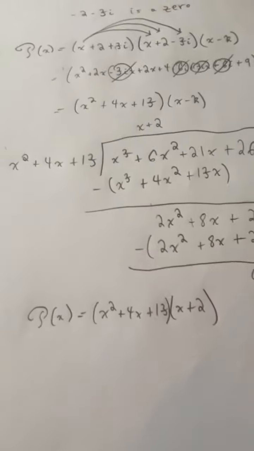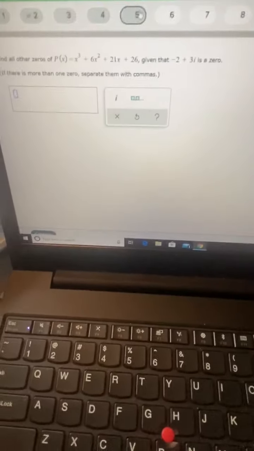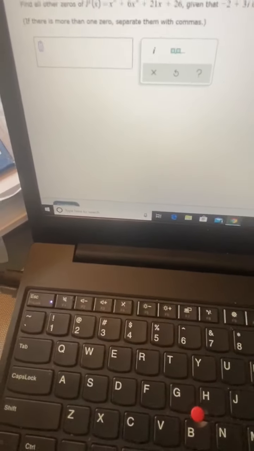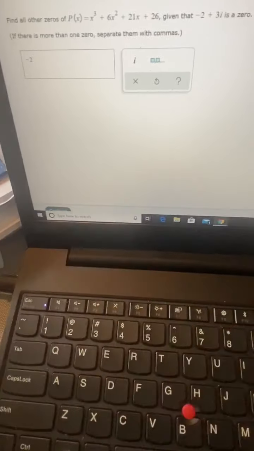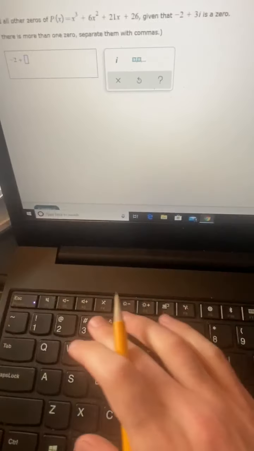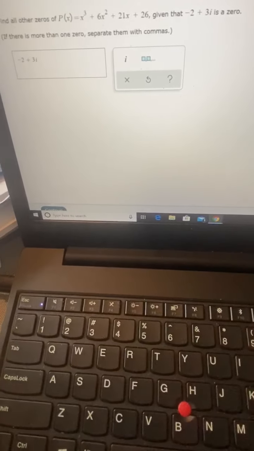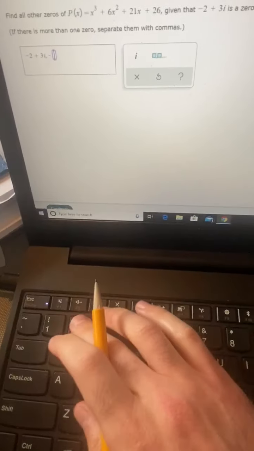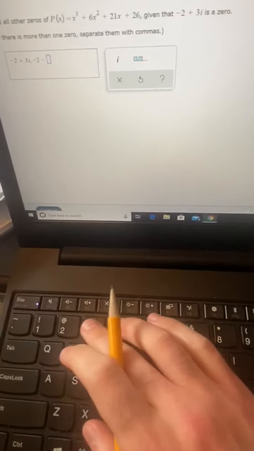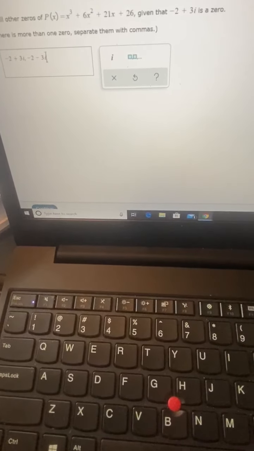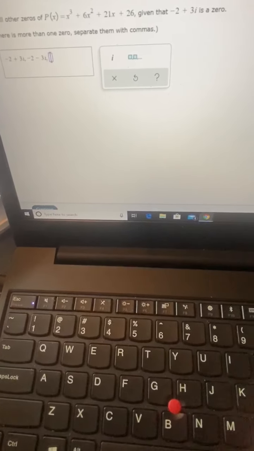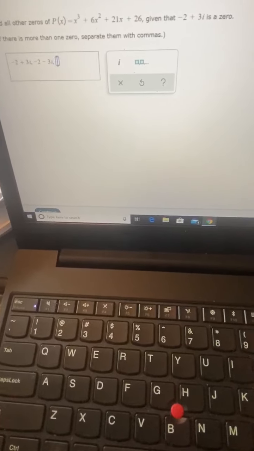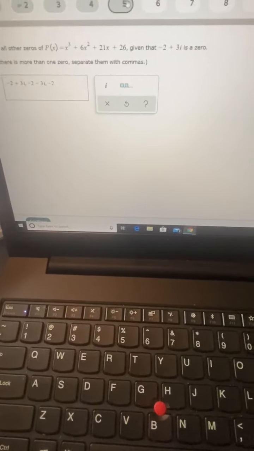Our zeros, and they want you at the end to enter your zeros, are going to be negative 2 plus 3i, negative 2 minus 3i, the conjugate, and negative 2. And those are your answers.